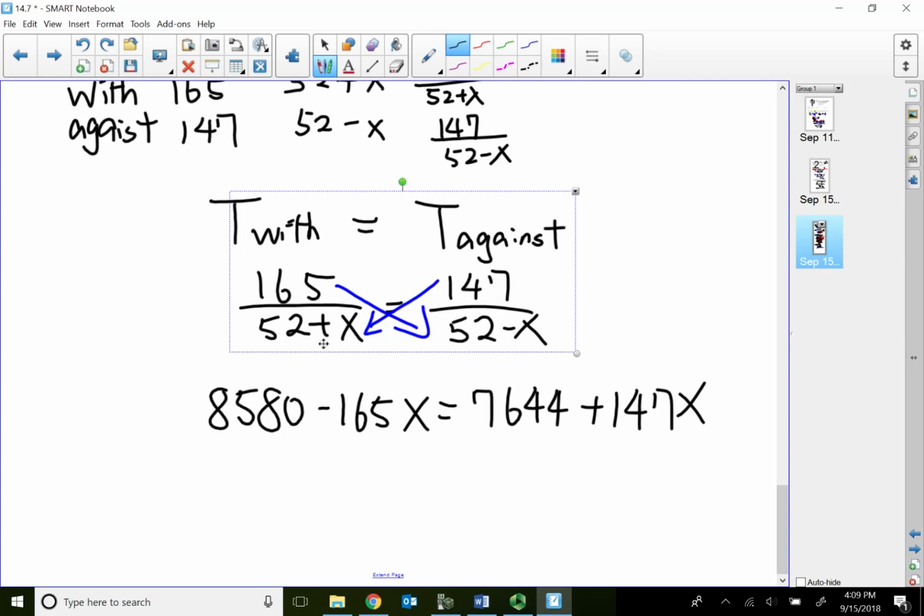This is a linear equation, so let's move the 165x over, and we can move the 7644 to the other side.